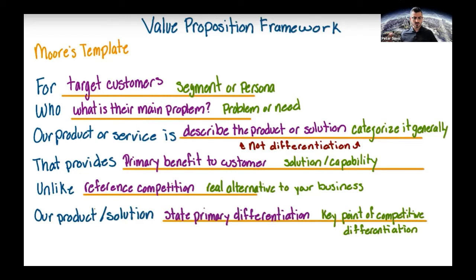You can also say what your product provides, what sort of solution, or what the primary benefit is. You can also mention, unlike your competitors or a benchmark company that does similar things, and then transition to your unique selling point, the solution that you're providing.